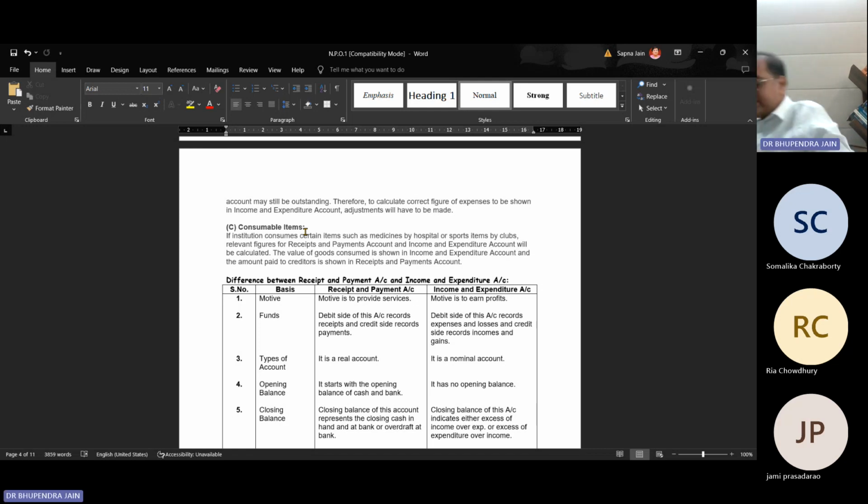Now purchase always means purchase minus purchase return. Clear? And purchase includes whether cash purchase or credit purchase.